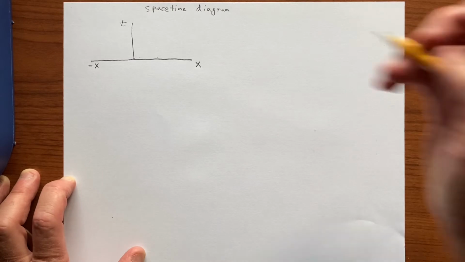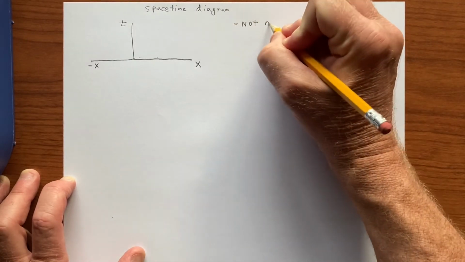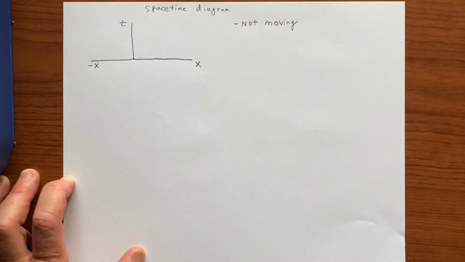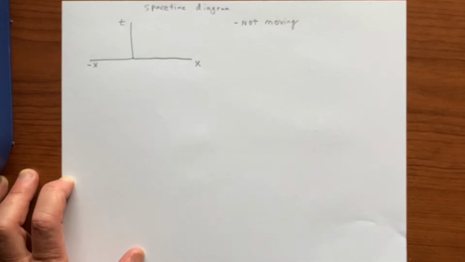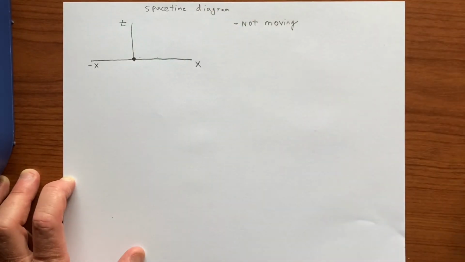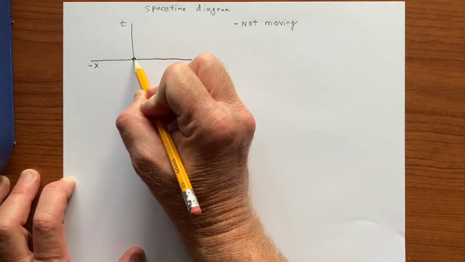And if I am not moving, let's consider what it's like not to move on a space-time diagram. So let's say that I'm not moving and I'm at the origin, as I just said. At t equals 0, that represents my position.